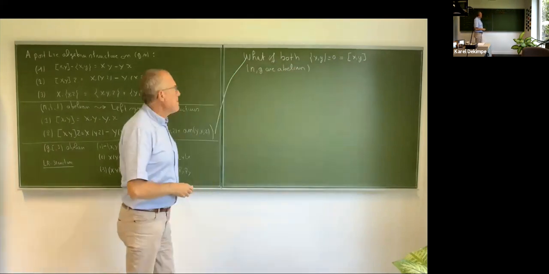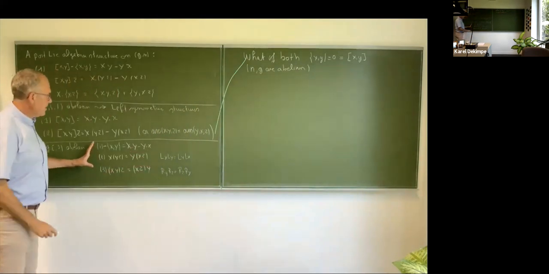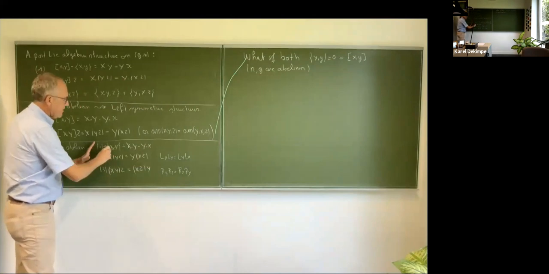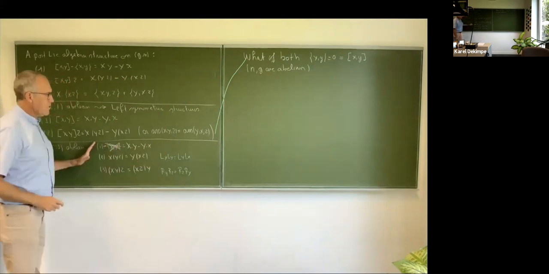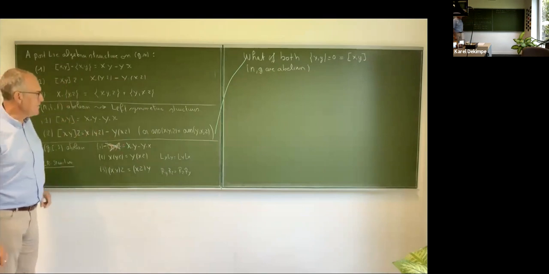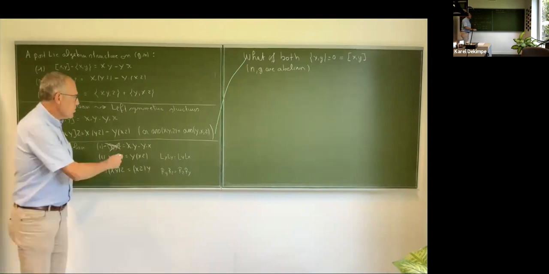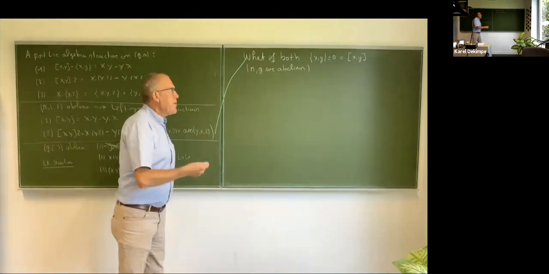So what happens in this case is that, of course, we have this condition still, but this bracket vanishes and becomes 0. So we see that the product has to be commutative, and left and right multiplications have to commute with each other.